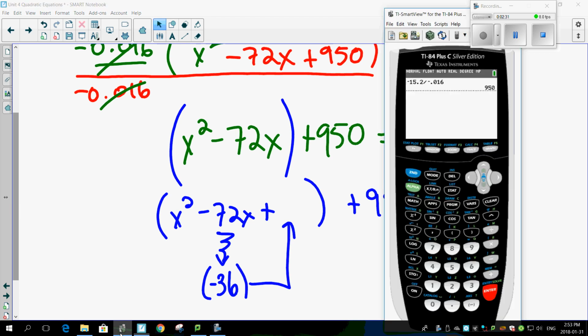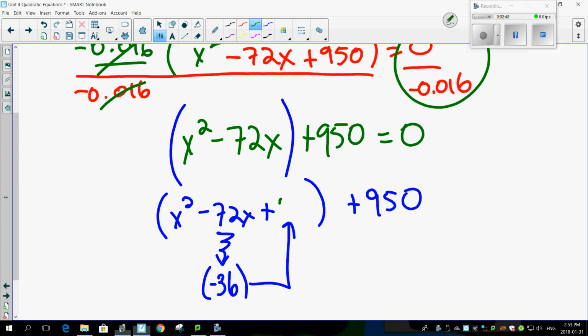Bring up the calculator, bracket minus 36, bracket, let's square it, and look at this, ta-da, 1296, excellent. So this becomes 1296, so we know we have to subtract 1296 out here.